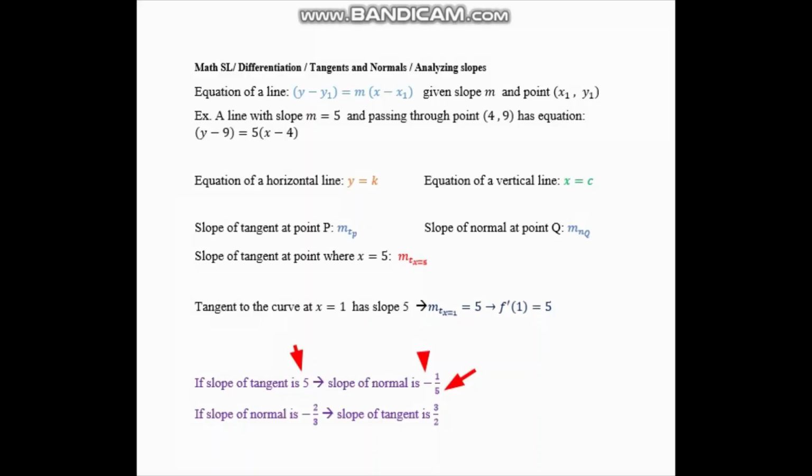Another example, if the slope of the normal is negative 2 over 3, then the slope of the tangent shall be 3 over 2. It's positive because I switched the sign, and it is flipped such that the numerator goes to the denominator and vice versa. These are some pointers to take care of before we start. Take a minute to copy them down if you will, and I shall begin the questions shortly.